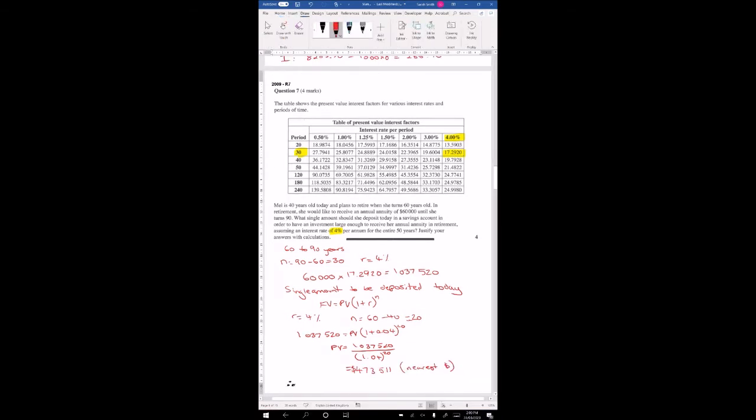Therefore, Mel needs to invest $473,511 to be able to have the amount she wants in her retirement.